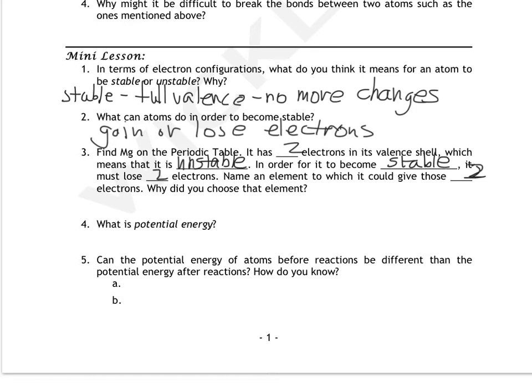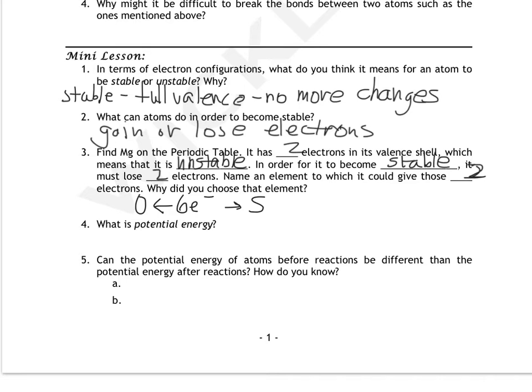One element that a lot of people choose in answering this question is oxygen. Another element that a lot of people choose is sulfur. What those two have in common is that they each have 6 electrons in their valence shell. If they have 6, then they want to gain 2, and they could easily accept 2 electrons from magnesium.